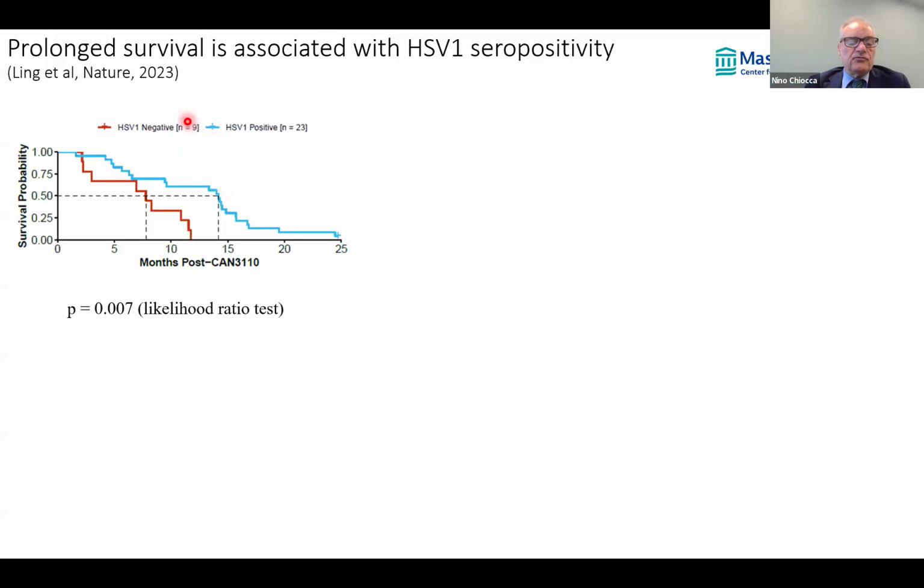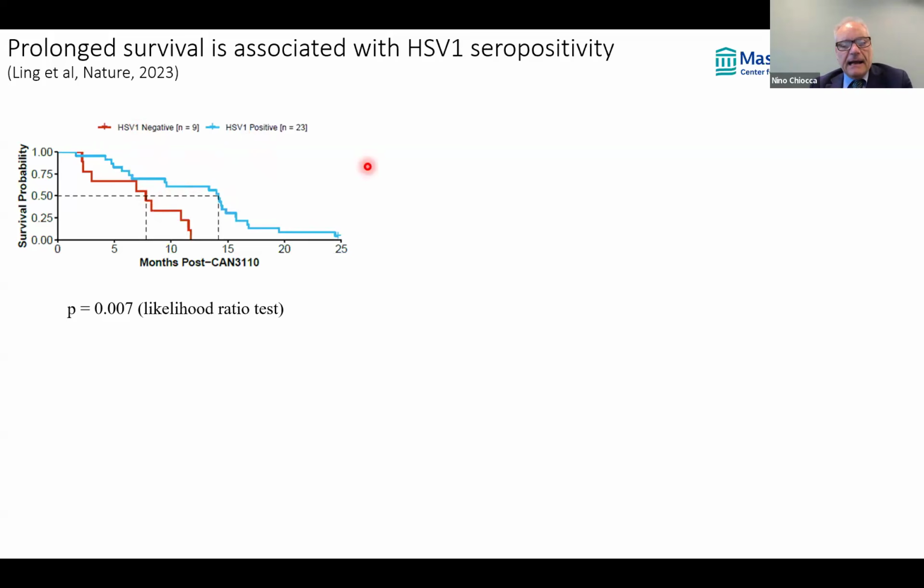But we also had this internal control because the HSV seronegative patients, we had a survivorship for them, and it was actually 7 months, just like what the historical controls tell you. So you can see that we basically doubled the survivorship if you were seropositive compared to seronegative, and it's double compared to historical control. Well, this was interesting data, highly significant.